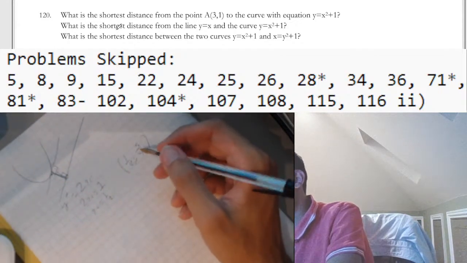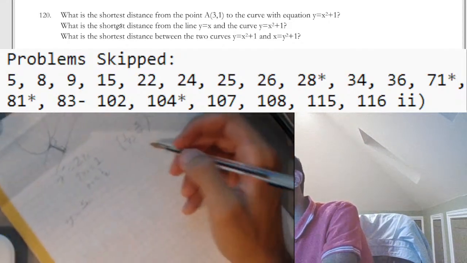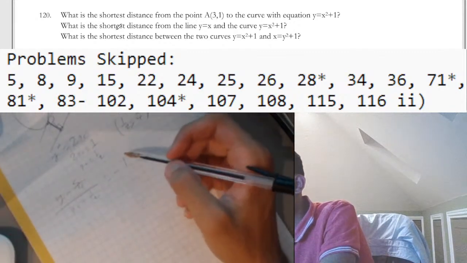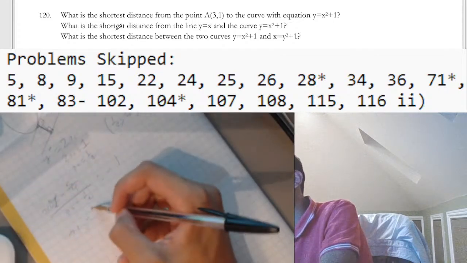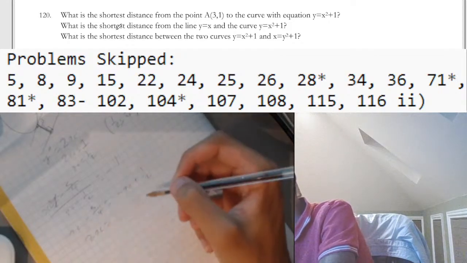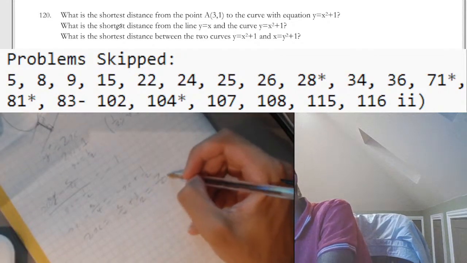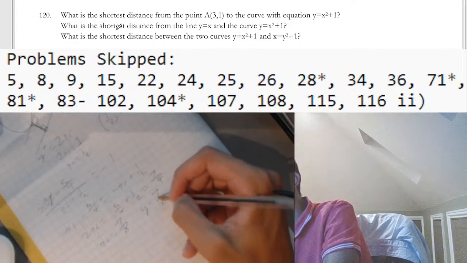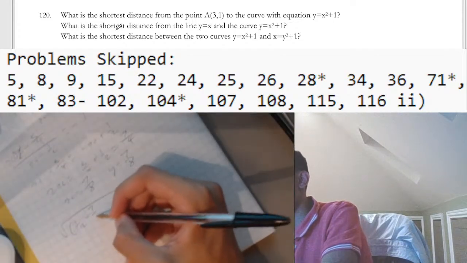The line through this point with gradient minus 1 is going to be this. And when it meets y equals x, we have x equals y, so we just need to find x. So you have x minus 5 over 4 is minus x plus a half. So you have 2x is 5 over 4 plus a half, which is 7 over 4. So x is 7 over 8, and then y is 7 over 8. So the distance is going to be whatever the distance between those two points is.